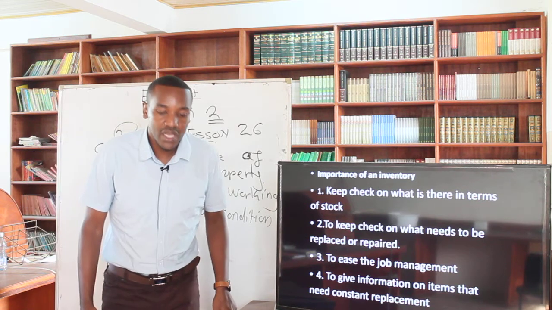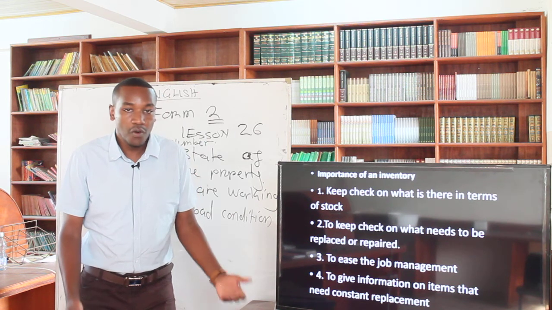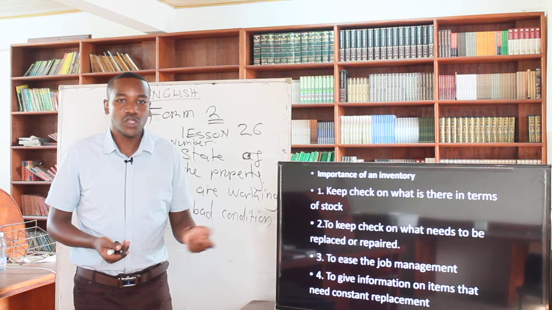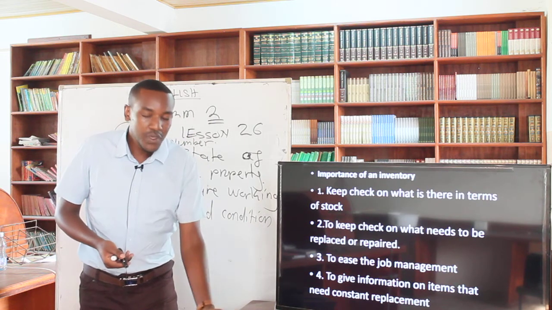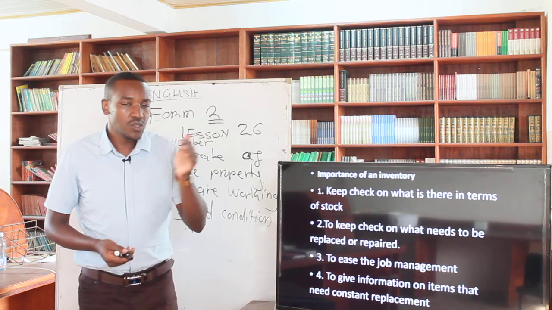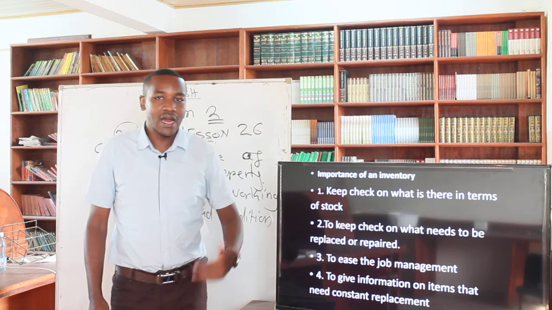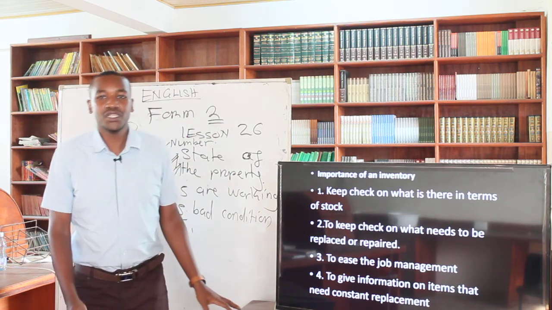By so doing, we make sure that there's smooth operation of the lab. So from this inventory, you are able to know, do we need to add the test tubes? Do we need to add the beakers? Which chemicals or which solutions are mostly used? That's why it's very important to have an inventory in that case.